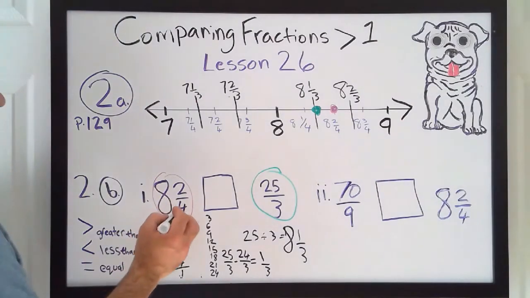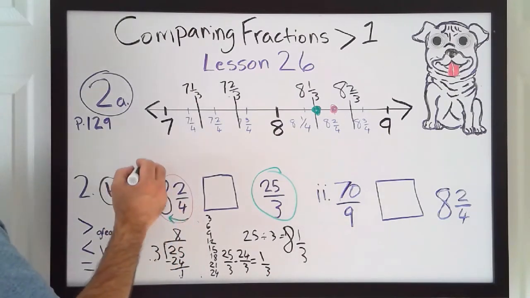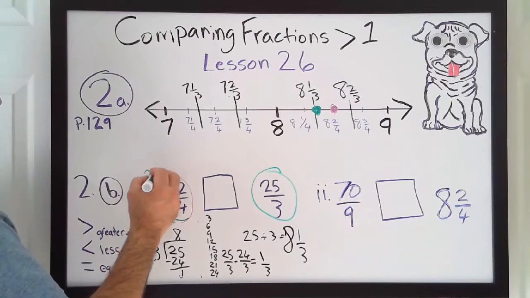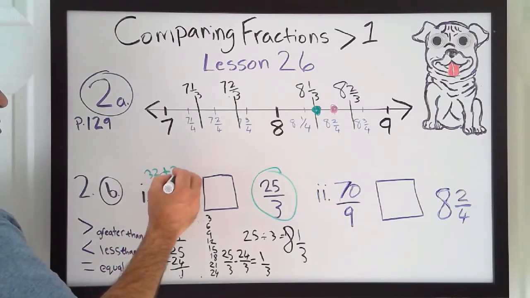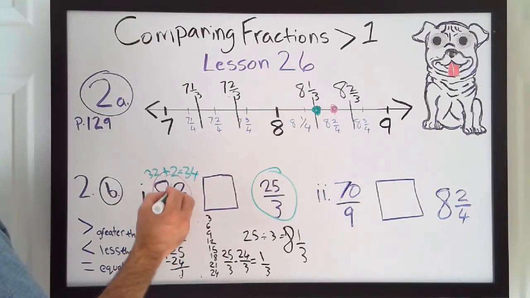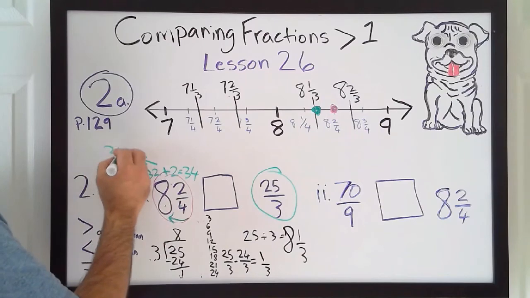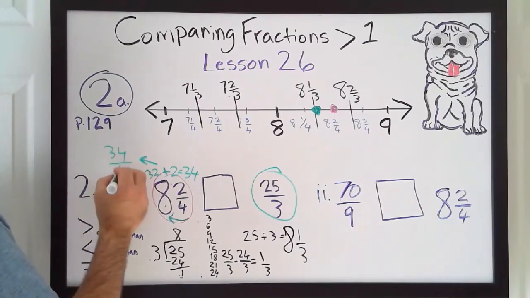So we turn this into an improper fraction by multiplying 8 times 4. 8 times 4 is 32. 32 plus 2 equals 34. So it's multiply, add, back over 4. So this would be 34 over 4.